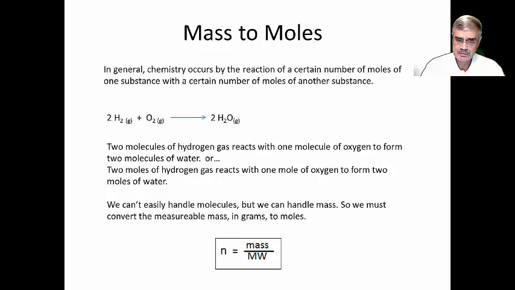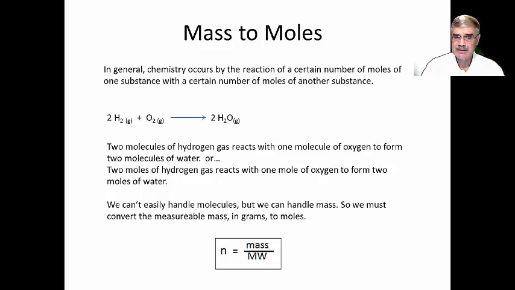We scale up for practical reasons because we can't easily handle molecules or atoms, but we can handle mass on the scale of grams. So we must be able to convert between moles and mass, and of course we do this with the equation shown at the bottom, where the number of moles is equal to the mass divided by the molar mass, or what we oftentimes call the molecular weight, which we will abbreviate as MW.